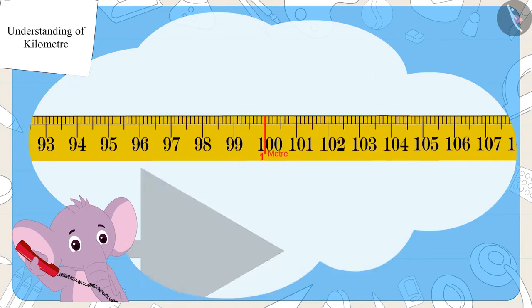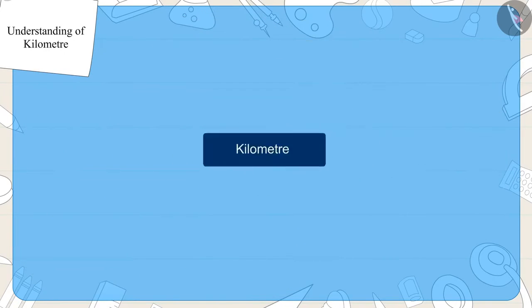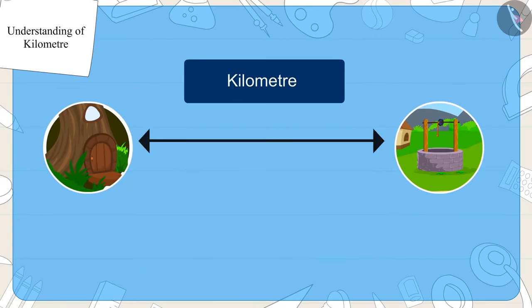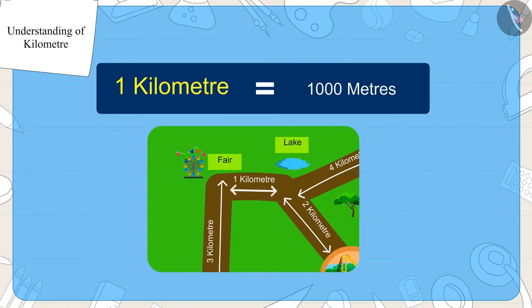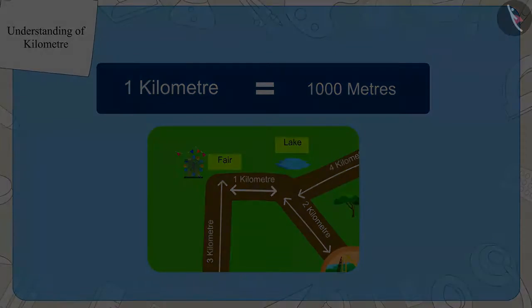Centimeters and meters are units of measuring length. Similarly, kilometers is the unit to measure the distance between two places. 1 kilometer is equal to 1000 meters.